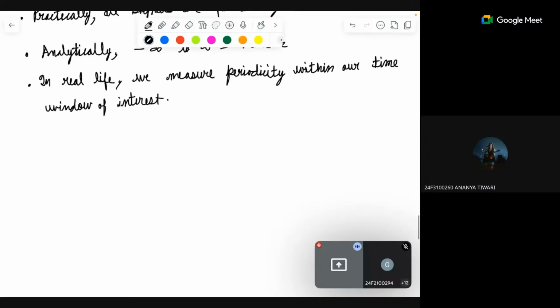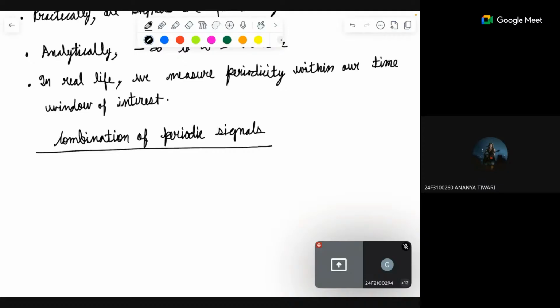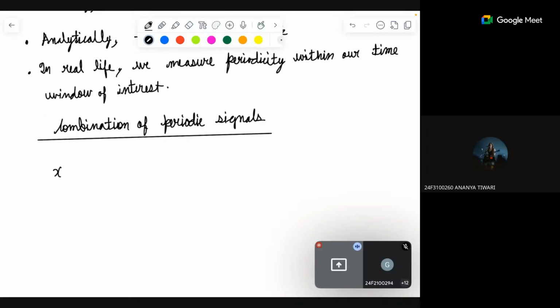So in real life, we measure periodicity within our time window of interest. Now, let us talk about combination of periodic signals. Let us say I have a signal x(t) and another signal y(t). x(t) and y(t) are periodic signals.